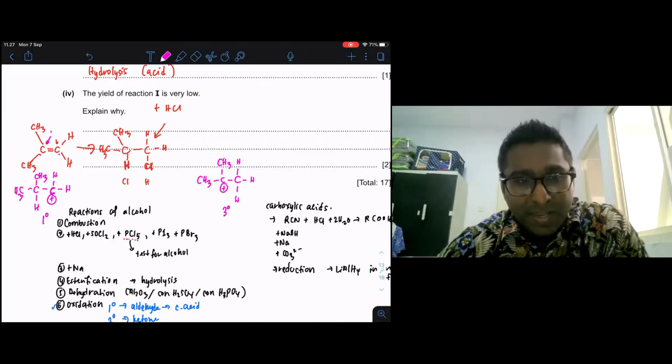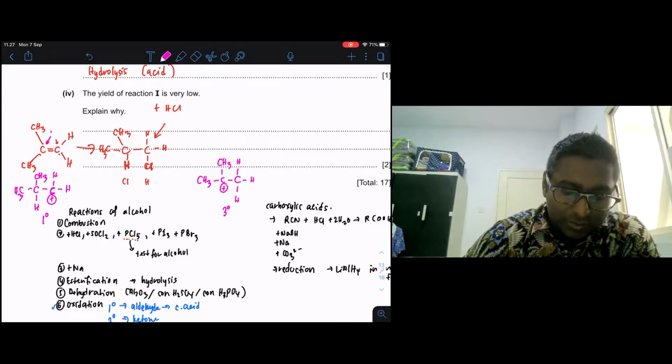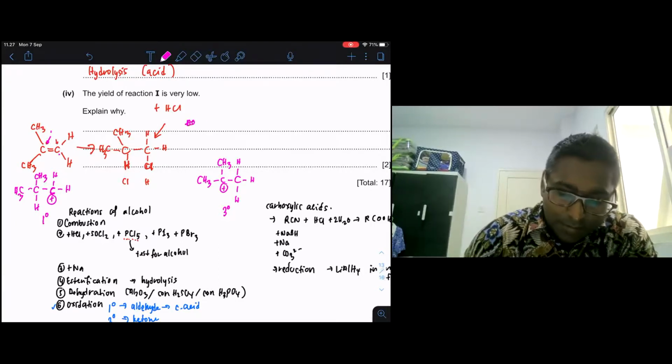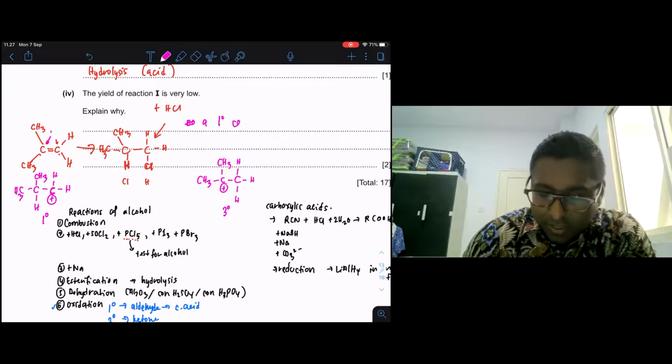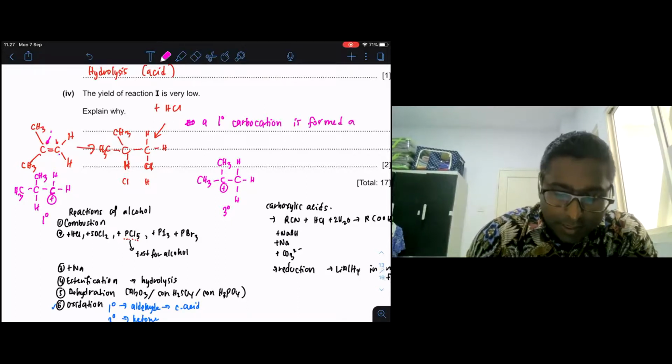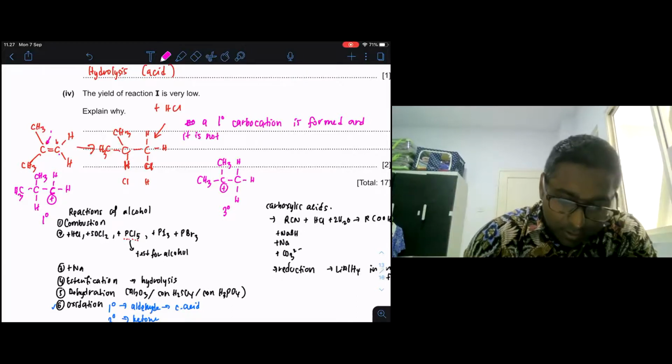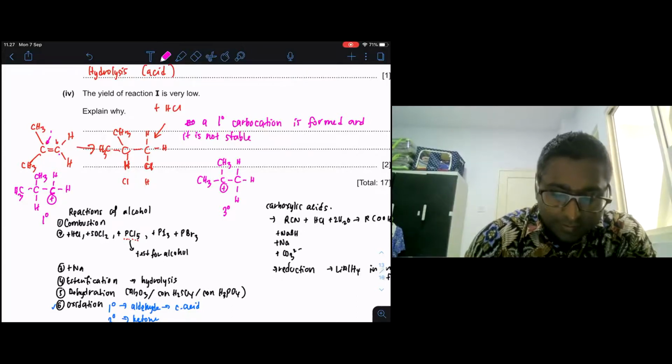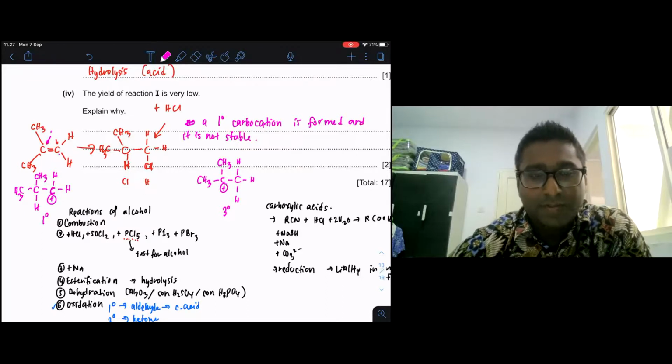So it means that this is not going to be a stable intermediate. A primary carbocation is formed, and it is not stable. Now, what actually stabilizes this? Normally the one that will stabilize this is the alkyl group.